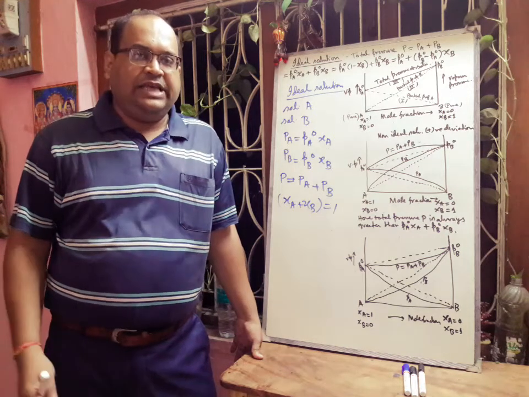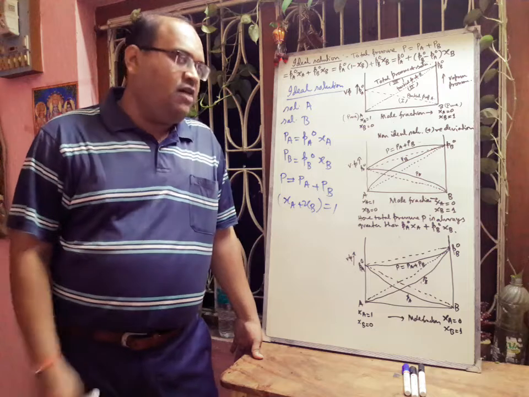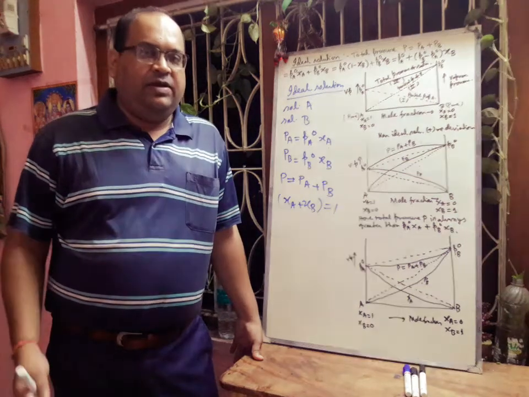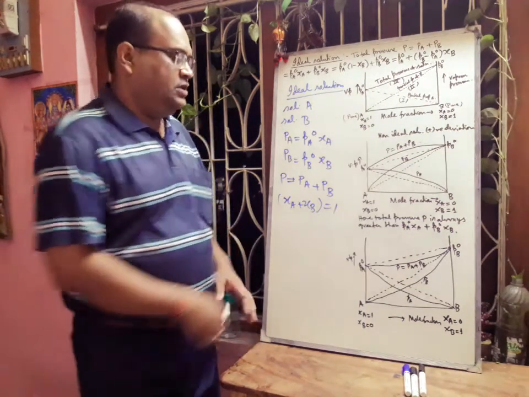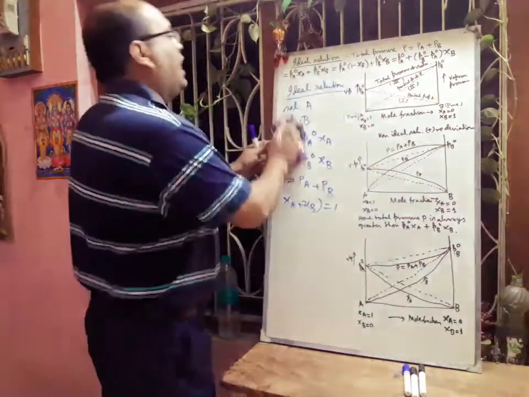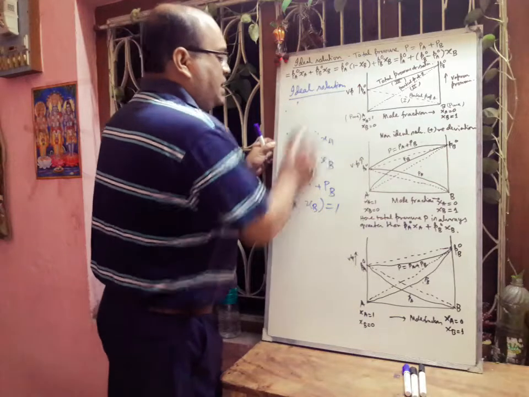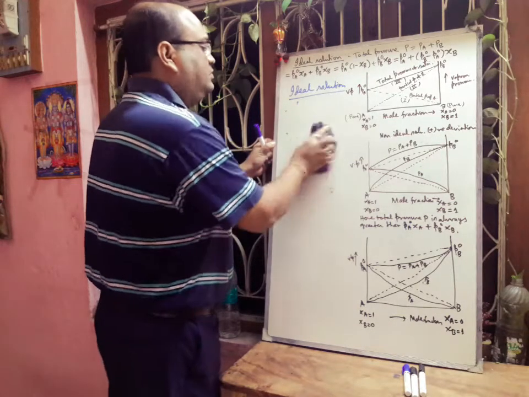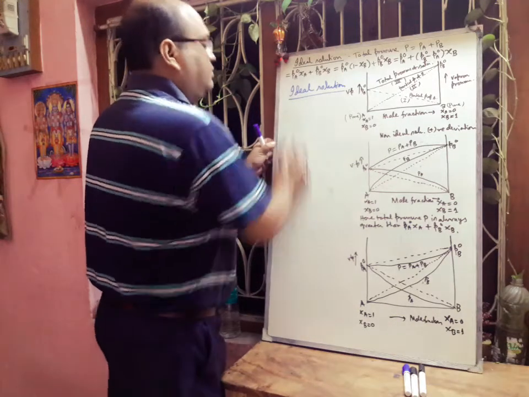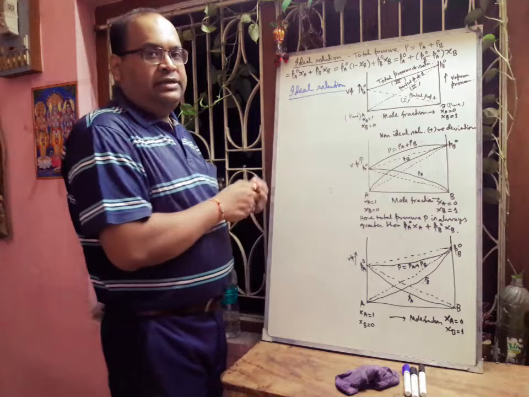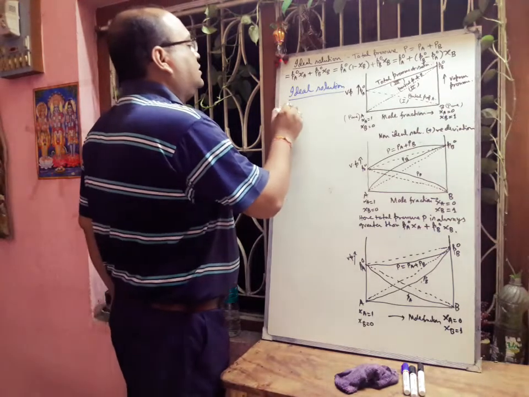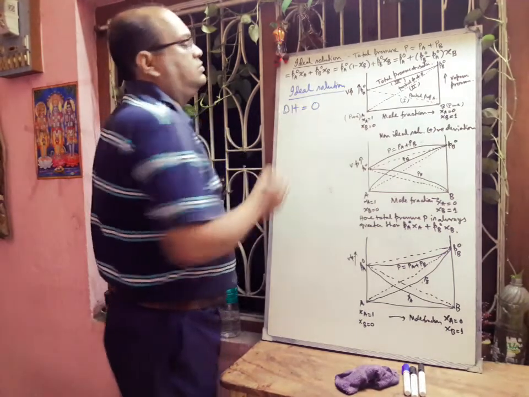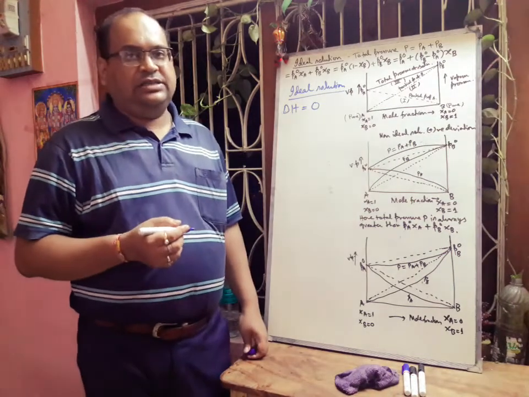That means on mixing there will be no production of heat or absorption of heat. So for an ideal solution, the first condition is that delta H is equal to 0.